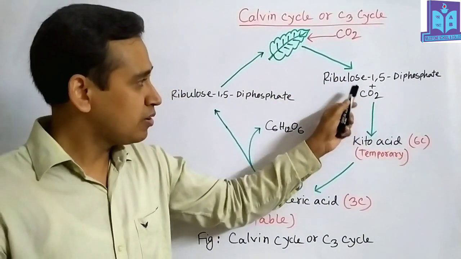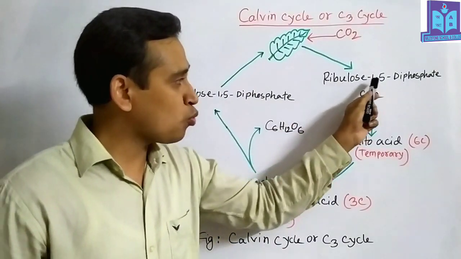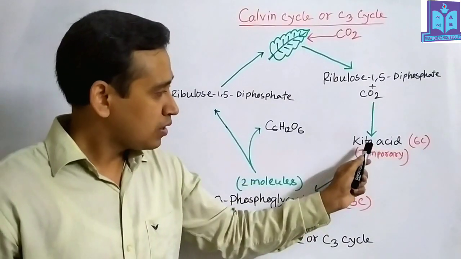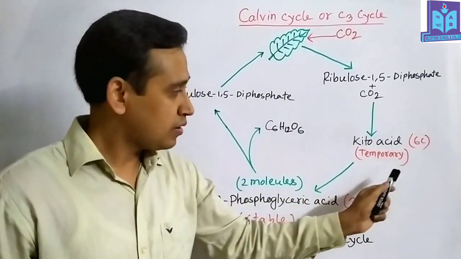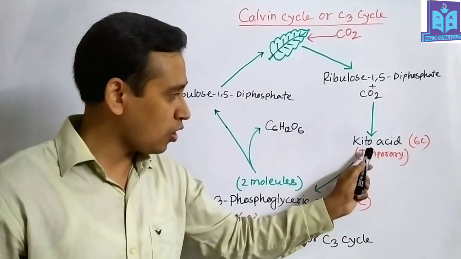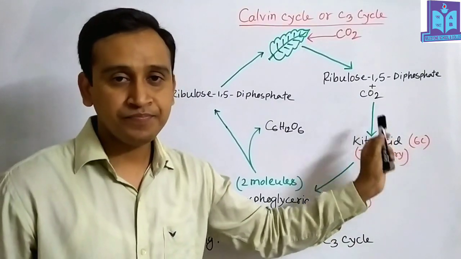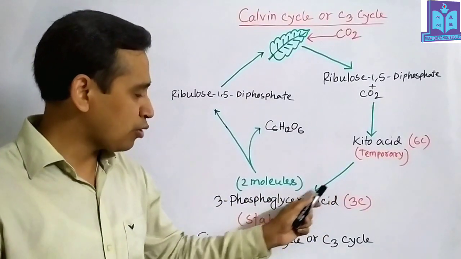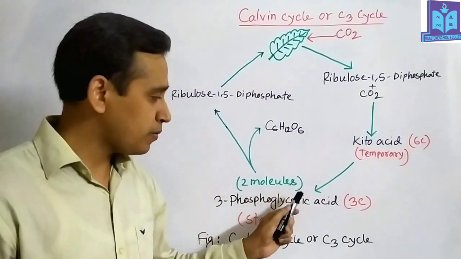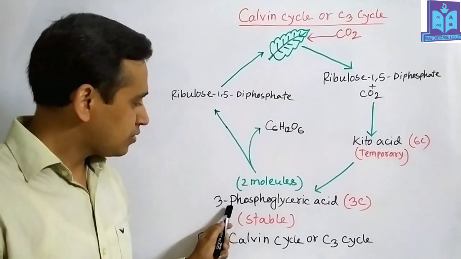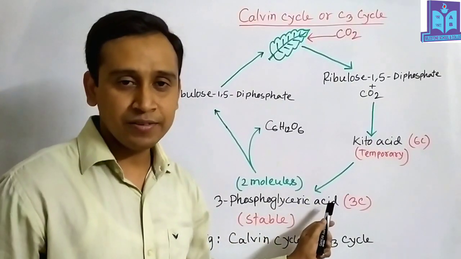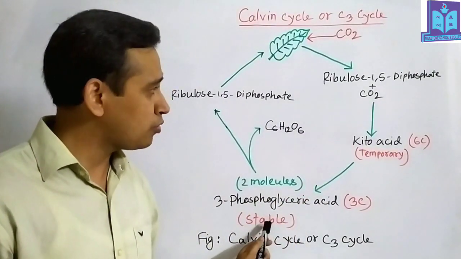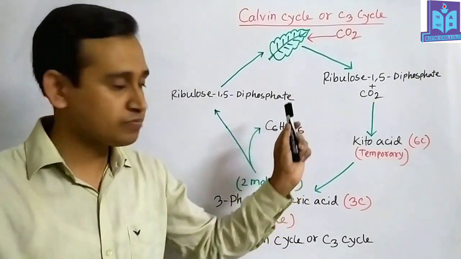Carbon dioxide reacts with ribulose 1,5-bisphosphate and forms a 6-carbon based temporary compound which is called keto acid, and immediately this keto acid breaks down into 2 molecules of 3-carbon based 3-phosphoglyceric acid, the first stable compound of this cycle.